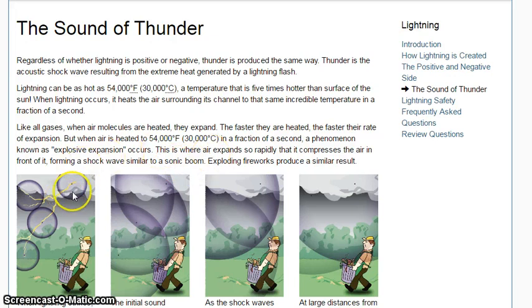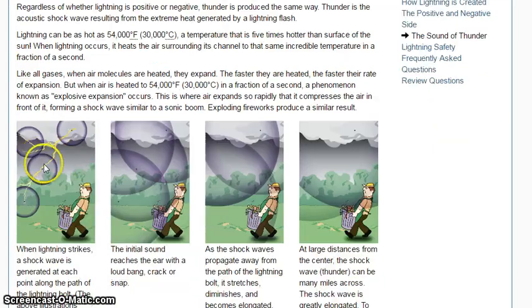So that shock wave is going to start off like it's showing here in the pictures from a few different parts in the lightning bolt, and even though the bolt is gone, the sound wave is still going to be traveling. The reason why we see the lightning bolt and then hear the thunder is that light is traveling much faster than the sound through the air.